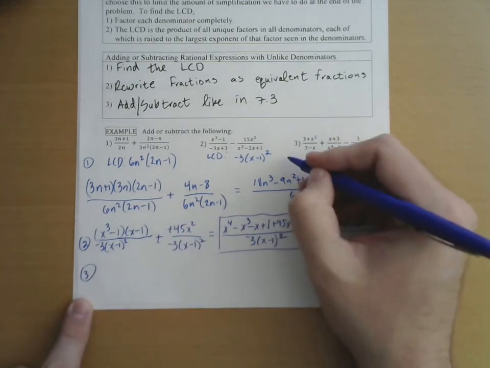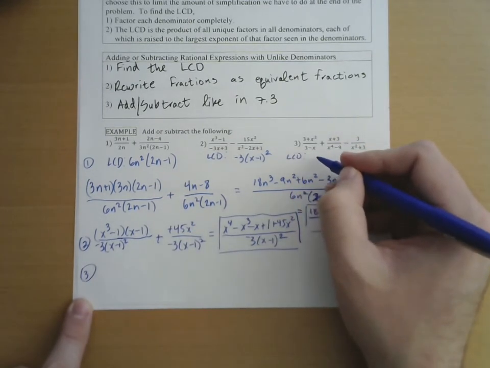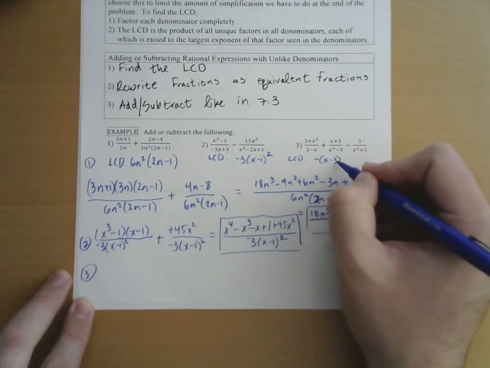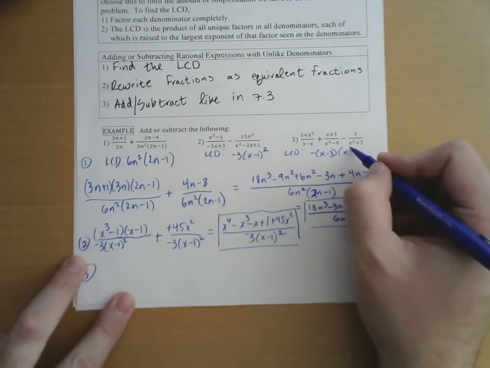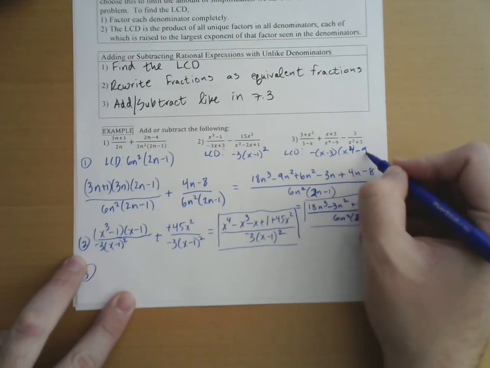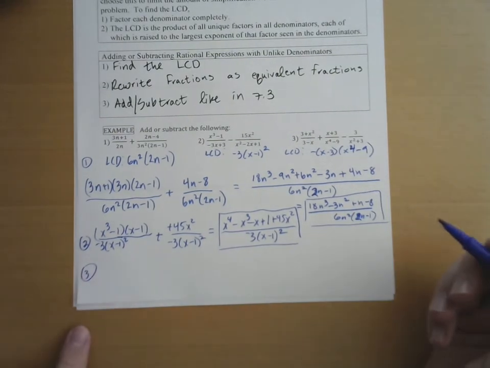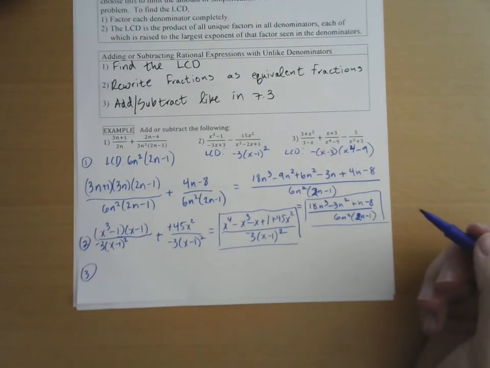Number 3, our LCD that we found from the last section was negative x minus 3 times x squared, x to the fourth minus 9. And we found our equivalent fractions, all three of them.